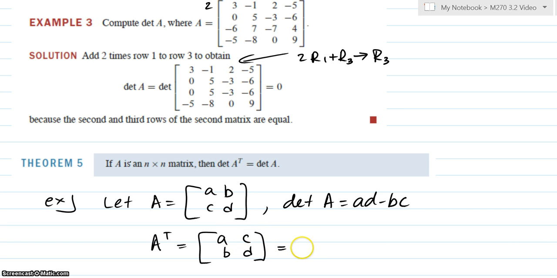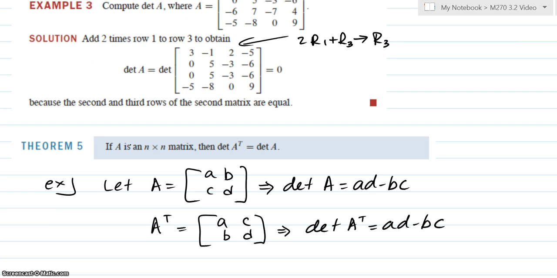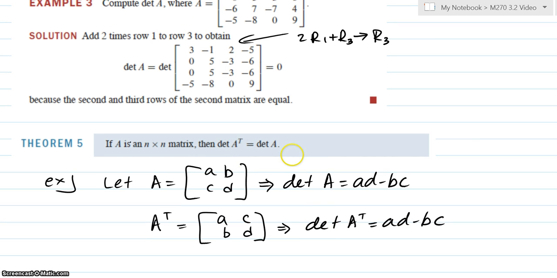You can see that the determinant of the A transpose does not change anything. Use the same notation there. So therefore, the determinant of A transpose is the determinant of A. And this works for any size matrix.